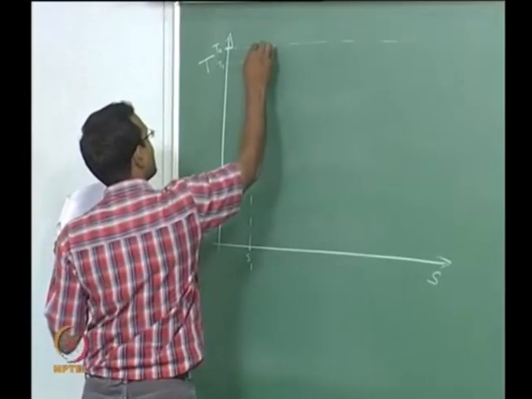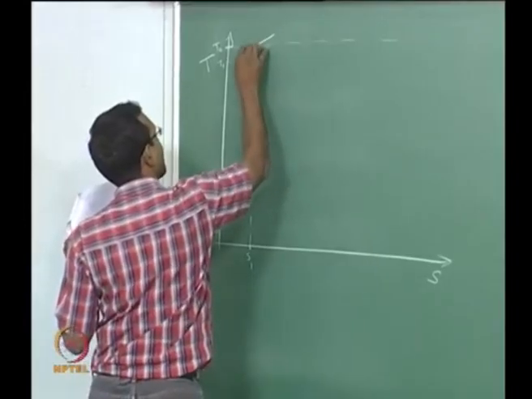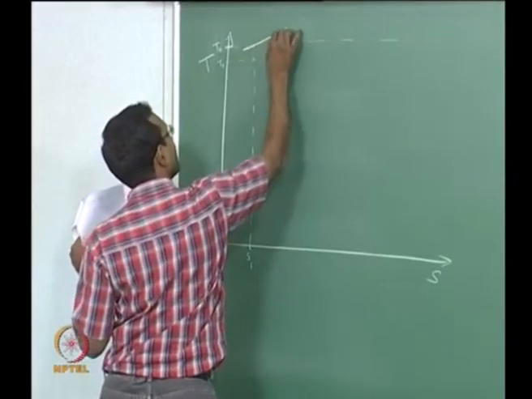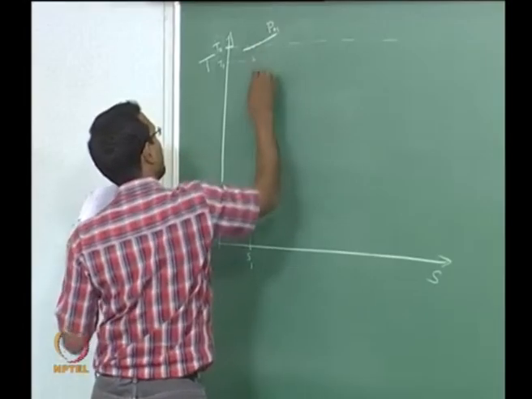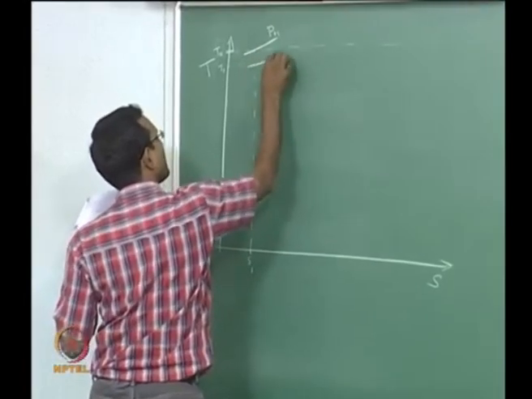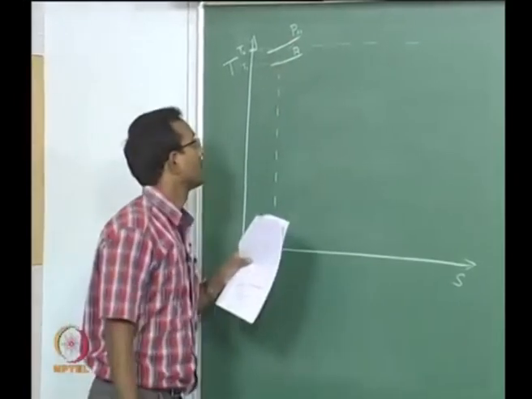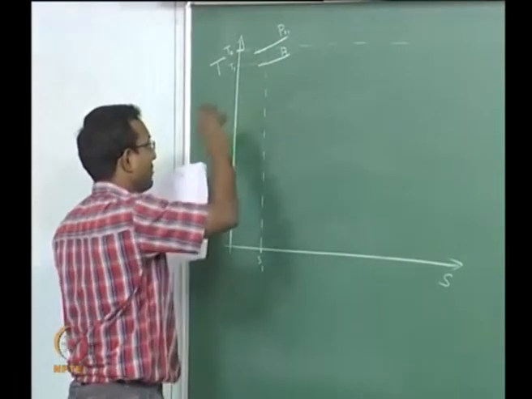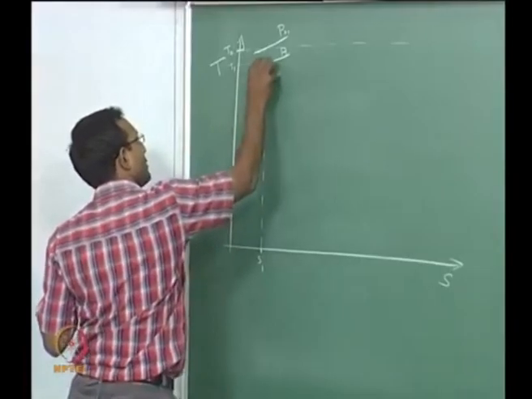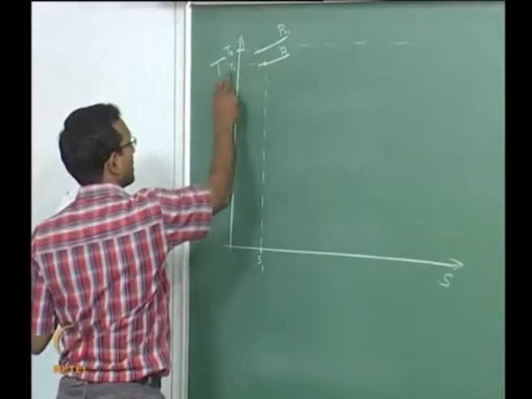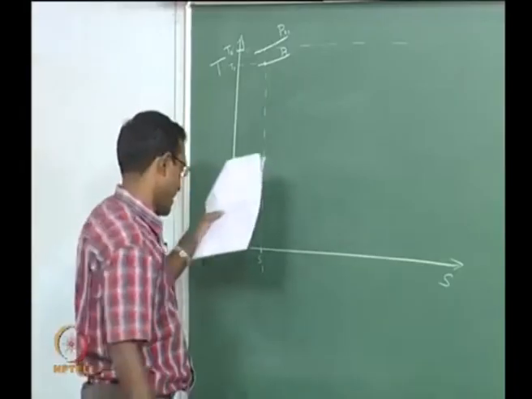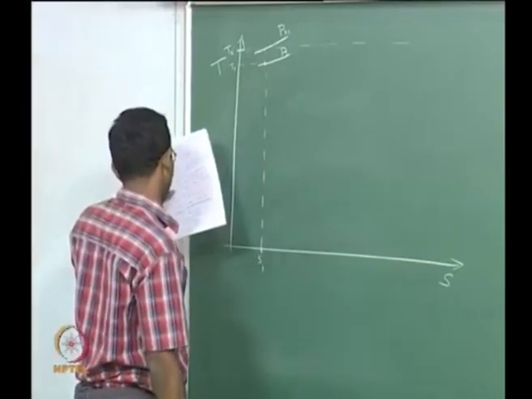So this is my stagnation pressure P01 and this will be my static pressure P1. Of course, I am drawing only part of the curve, it keeps going. This is my actual point, P1 T1 location is here, that is where I am currently, the state point.